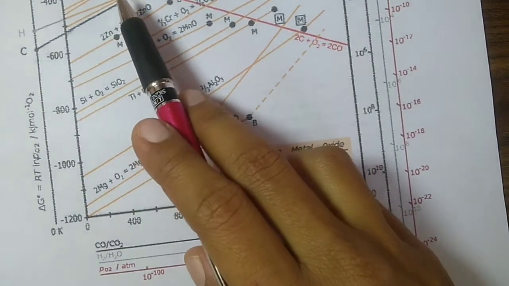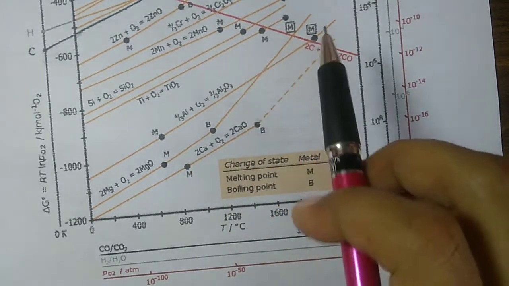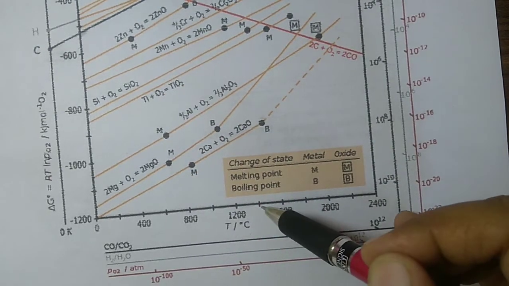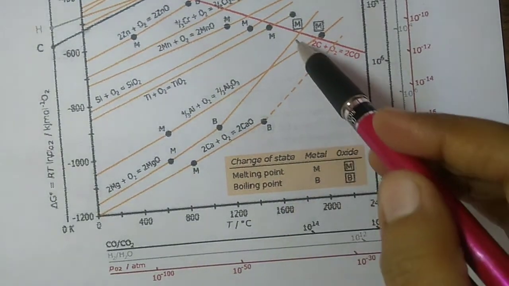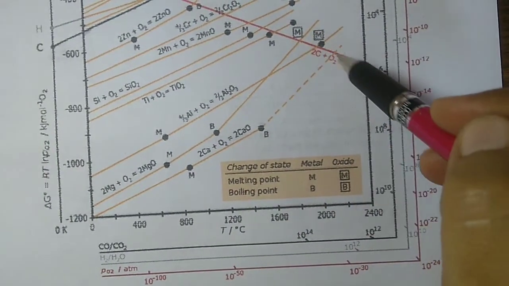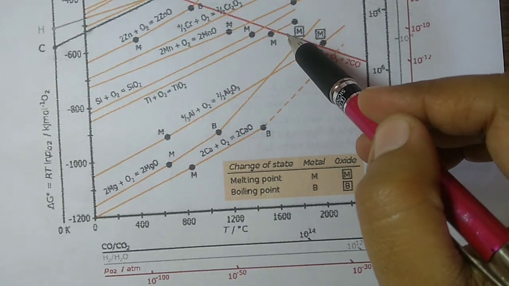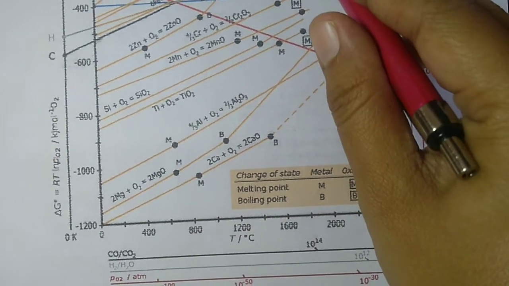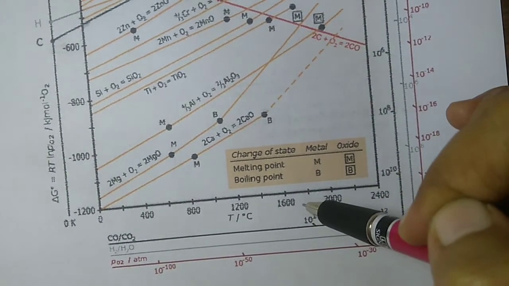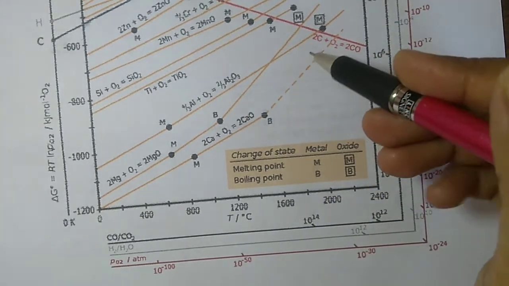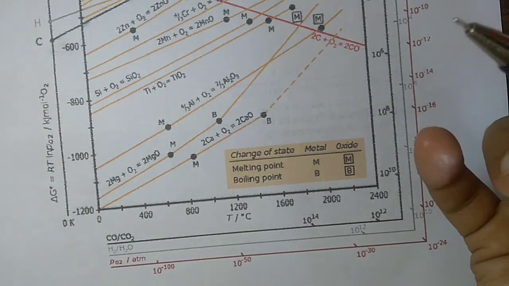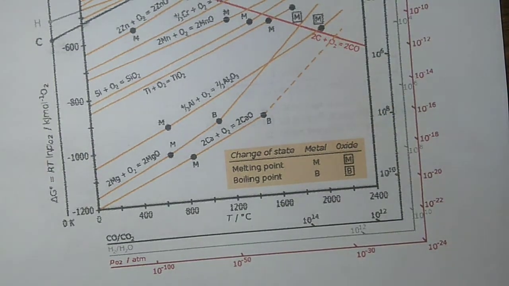So carbon can be considered a very good reducing agent at higher temperature. At higher temperature, above 1200 or 600, where this line is here, if you compare the stability of CO at this temperature, then all these metals can be reduced in the presence of carbon. This is very important because carbon, that is coke, is very easily available and a cheap reducing agent, right?